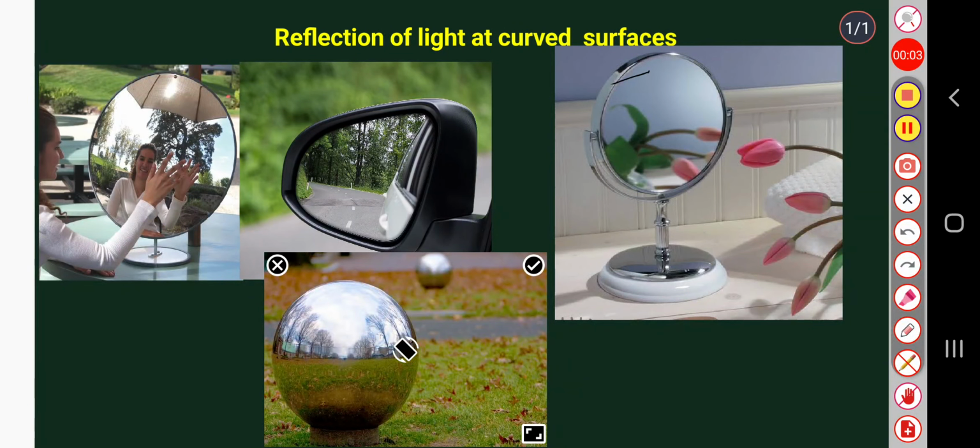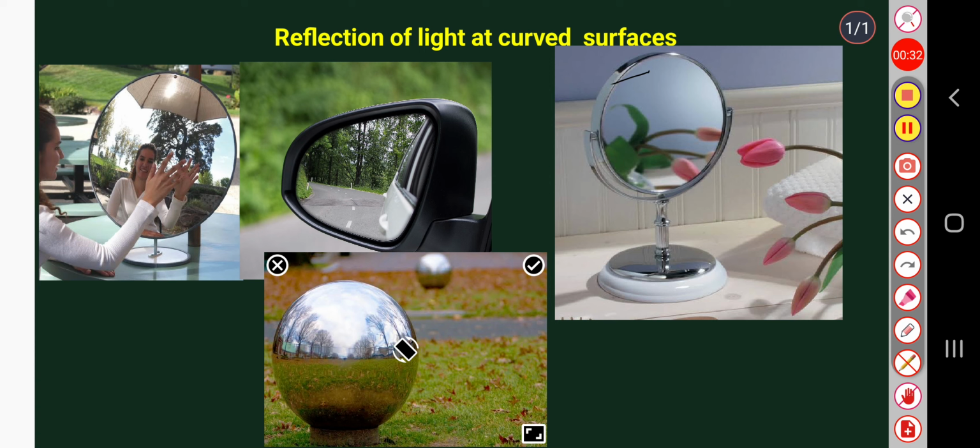Hello everyone. In today's session, we will discuss reflection of light at curved surfaces. In 7th and 8th classes, you have learnt about the image formation in plane mirrors. You also learned about spherical mirrors, like convex mirror and concave mirror, and what the uses of these two mirrors are.